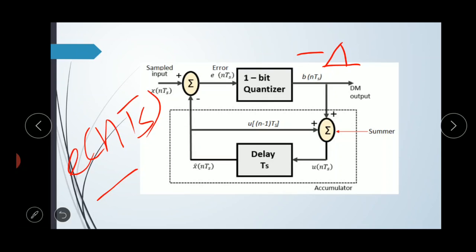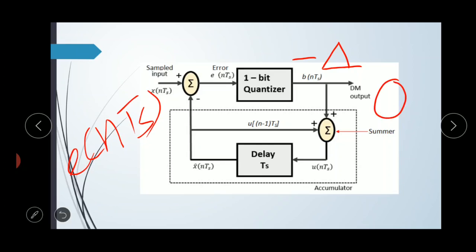Okay, that means we can say when the sampled input signal is less than previous sampled signal, then the b of nTs is minus delta. When the x of nTs is greater than or equal to x cap of nTs, then b of nTs is plus delta. Then when the b of nTs is plus delta, then binary 1 is transmitted. When b of nTs is minus delta, then binary 0 is transmitted.